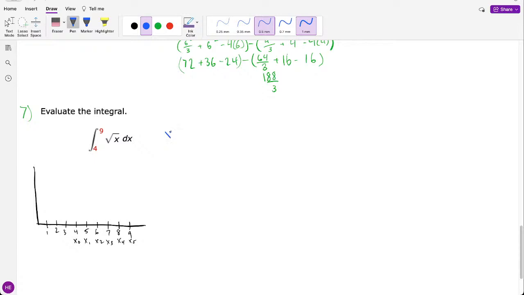Okay, well, that's x to the half power. Antiderivative of that is going to be two-thirds x to the 3 half power.